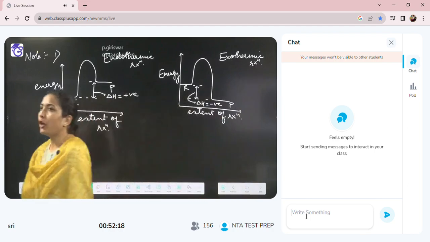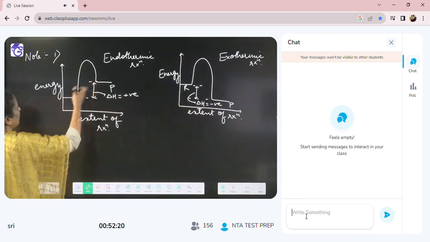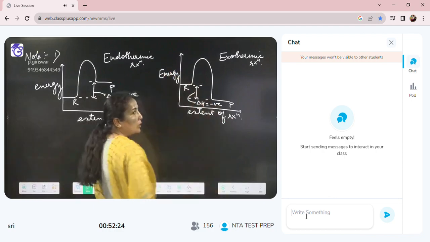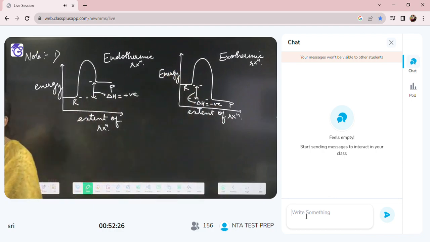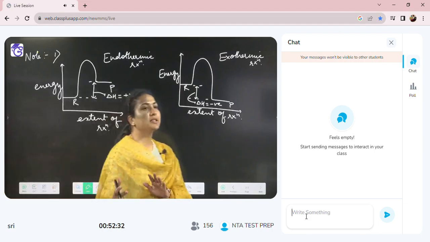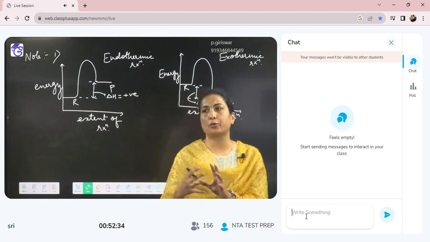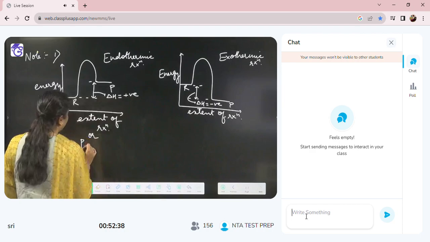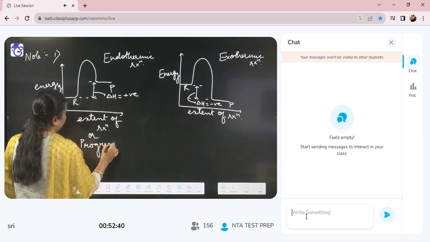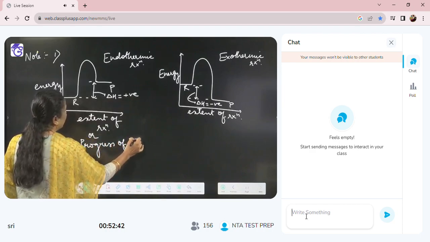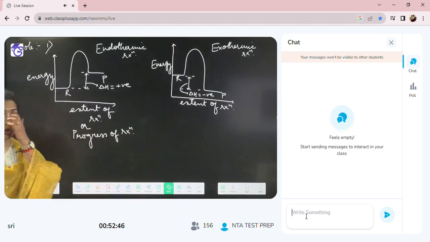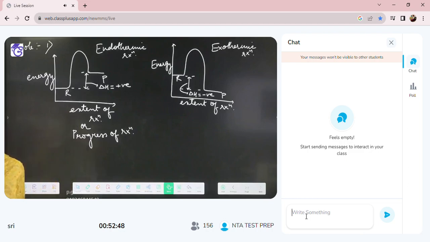For an endothermic reaction, it steps up from the reactant side, and for an exothermic reaction, it steps down from the reactant side. Extent of reaction means how the reactants are getting converted into the product. They could also write progress of reaction, or the reaction coordinate. It means the same. First draw this, then we'll proceed to the next point.